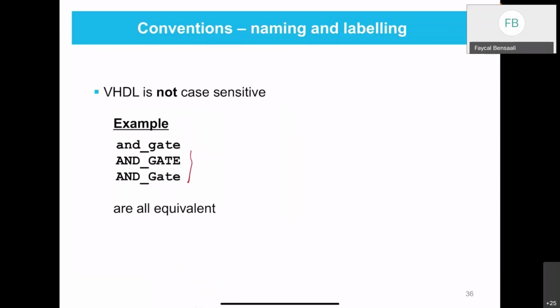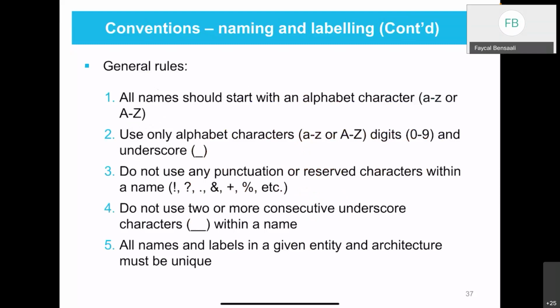If you declare a variable or a port, for example, you use A, and then you use A later, they are the same. They are not different. So basically you cannot use this A for a port and use this A as well for something else. You cannot do that. It's not like C++ or C.